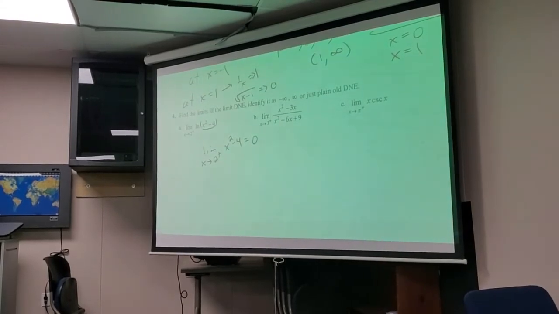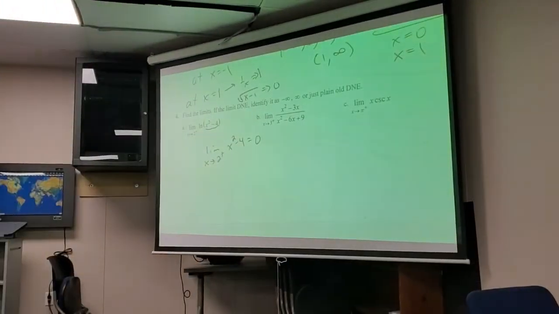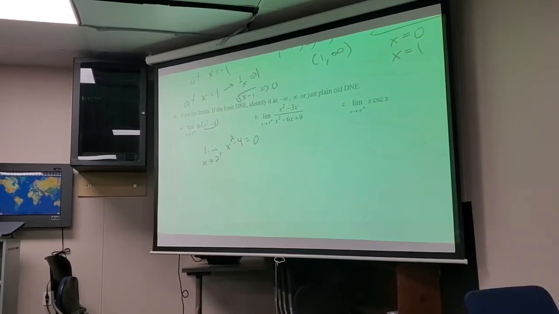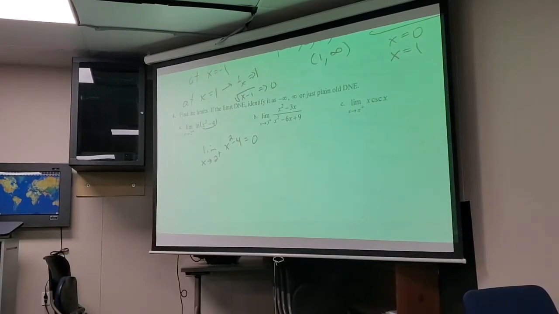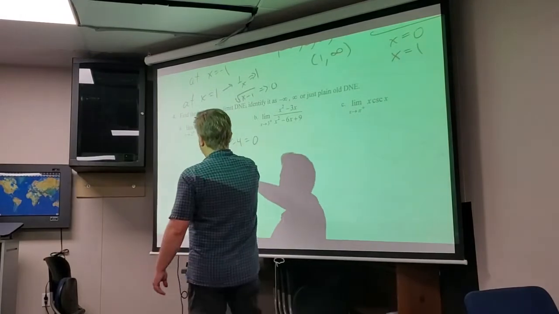Think about this. This is kind of a cool thing we're going to use in a minute with infinities. Every value as I approach 2 from above, are they negative or positive? Every value that I get out of x squared minus 4, what does this mean?